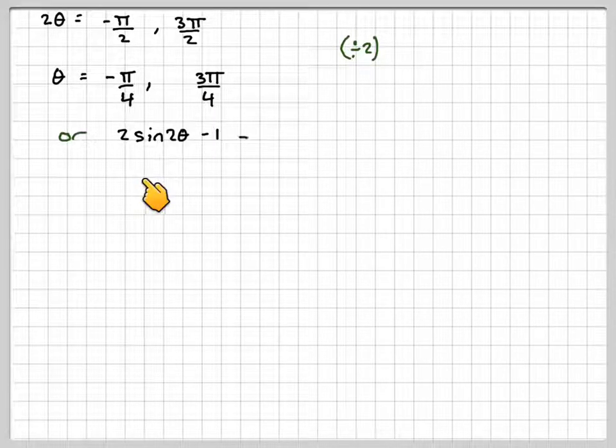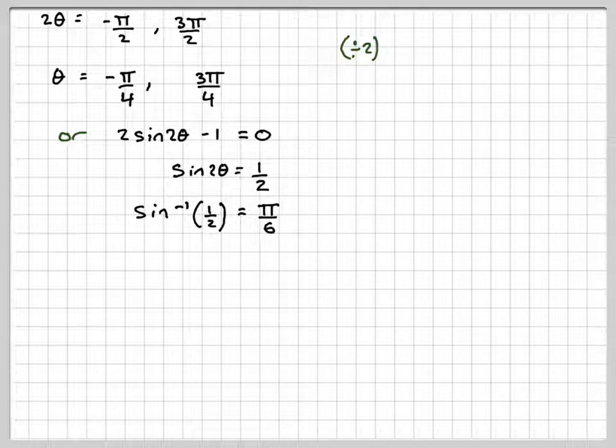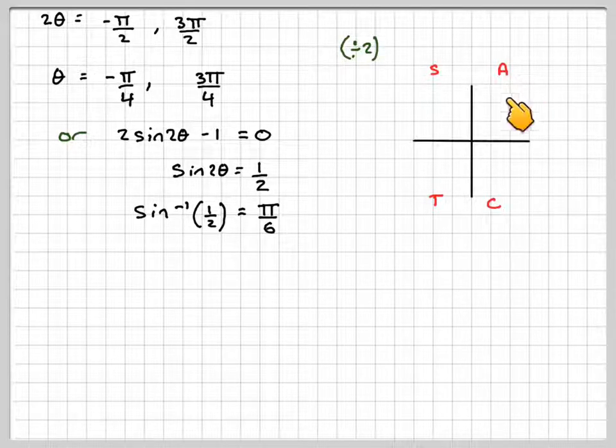Or we say that 2 sin 2θ minus 1 is equal to 0, which means that sin 2θ is equal to a half. Now sin to the minus 1 of 1/2 in radians is pi by 6, which is equivalent to 30 degrees. Using our CAST diagram, we're making our angle from the positive x-axis, and we want this to be positive, so it's going to be in this quadrant and this quadrant.